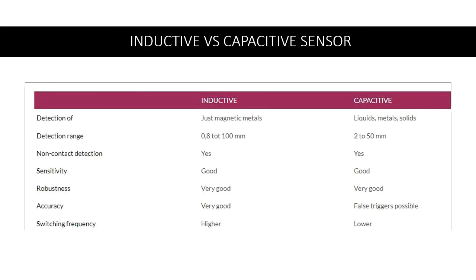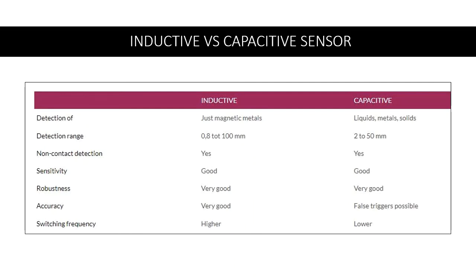So capacitive sensors are based on the electric field, and they can sense, you can see, liquids, metals, solids, right? Then the detection range, if you see, the inductive sensors offer a huge range like from 0.8 to 100 mm, but capacitive sensors offer less range like 2 to 50 mm. Then both are non-contact detection, both have good sensitivity, both are robust. In accuracy, the inductive sensors are good, but capacitive sensors can give false triggers.